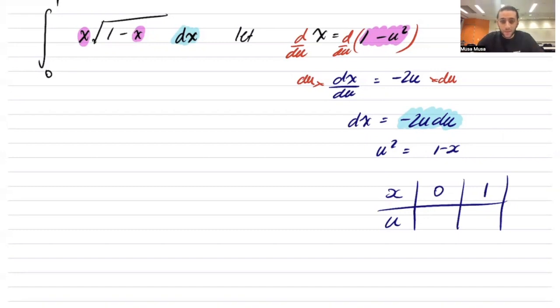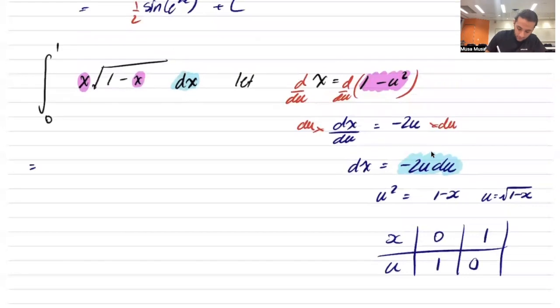How do we deal with the plus or the minus? That's a very good question. We're going to take the positive, and I'll explain it in a moment. Let's take the positive. So that's going to be 1. And then when x equals 1, this is going to be 0.